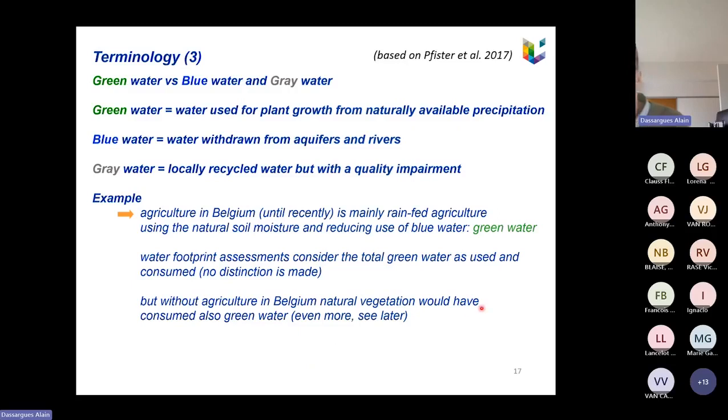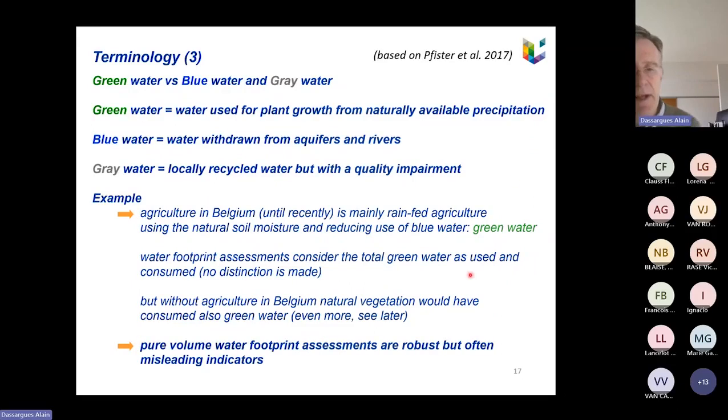So it means that sometimes rain-fed agriculture is better for the local water cycle than a forest. It could be considered paradoxical, but it is like that. So the pure volume water footprint assessments are robust. In fact, it is normally relatively easy to determine a number, but often those assessments are misleading.